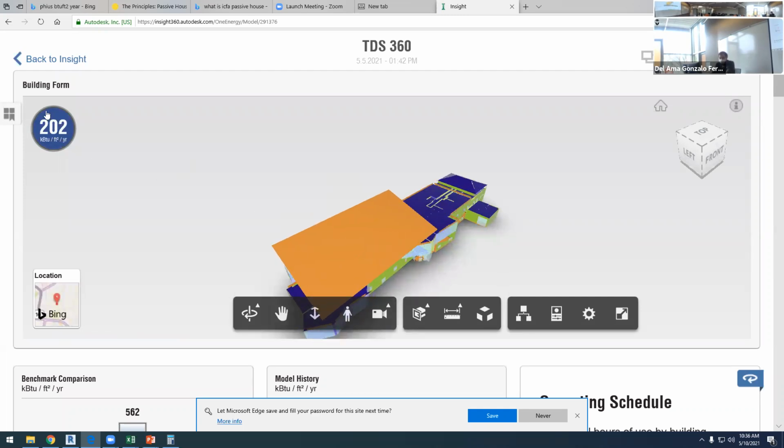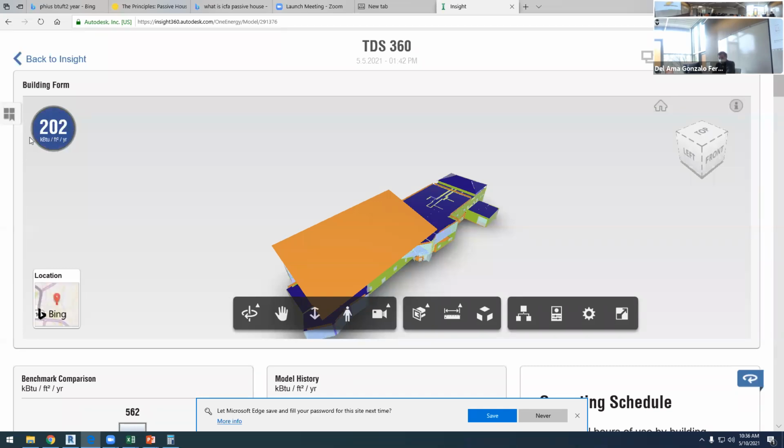This is the first value that we have to analyze. We are spending here 202 kBTUs per square foot per year.